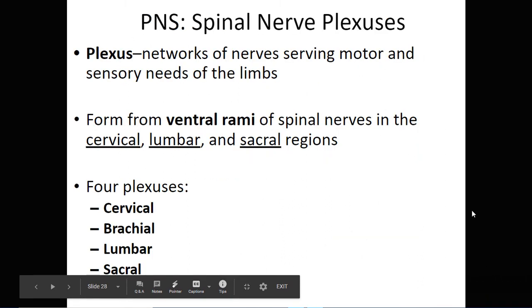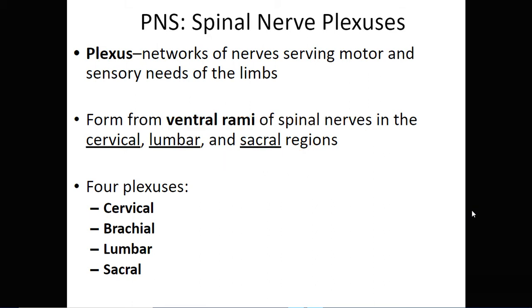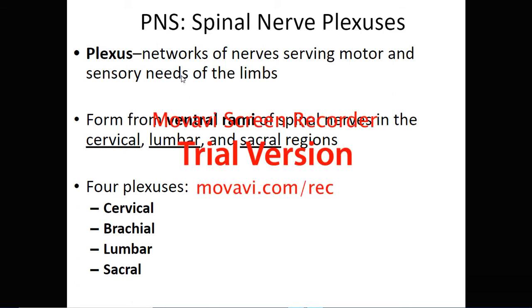All right. Here's some more terminology we've been talking about already. The plexus is a network of nerves serving motor and sensory needs of the limbs. Your plexuses are always going to form from the ventral rami, and again, they serve pretty much the front part of the body and the limbs.